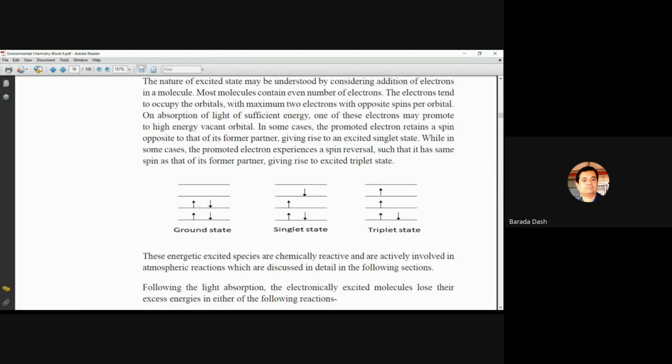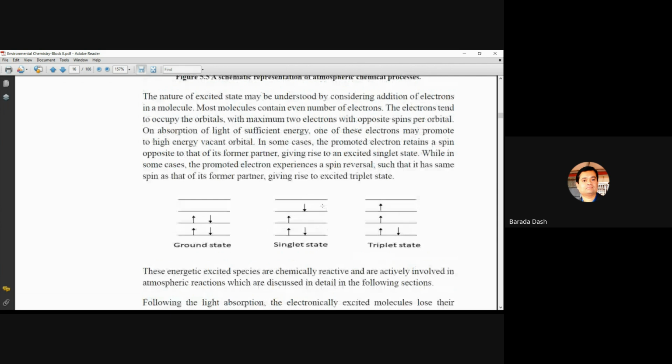You see opposite spins are there, and in the singlet state two are paired and the others are distributed in other states. In the triplet state, two are paired and the other two are not paired. Singlet state means one state has two electrons, another state has one electron, and the next state has the opposite spin.